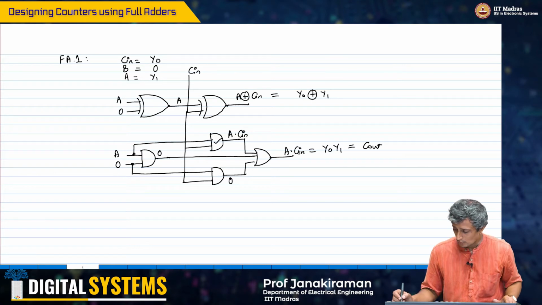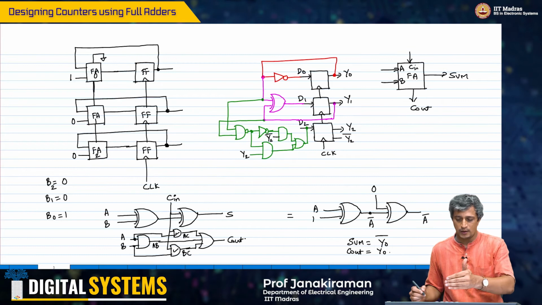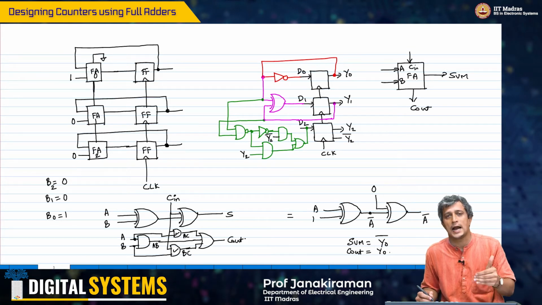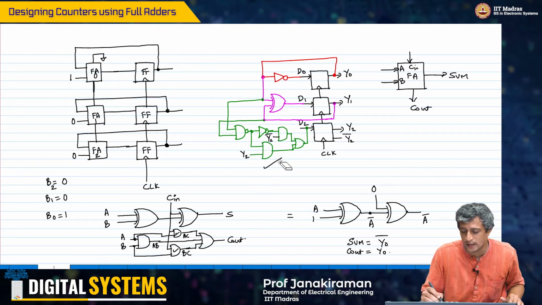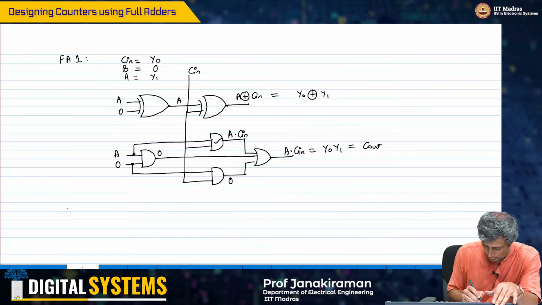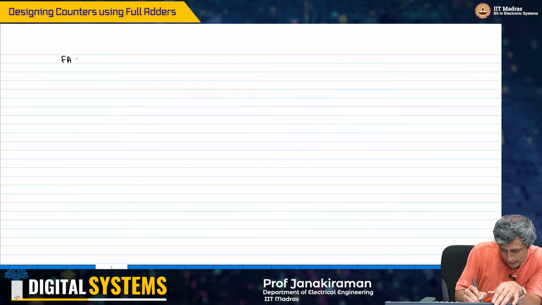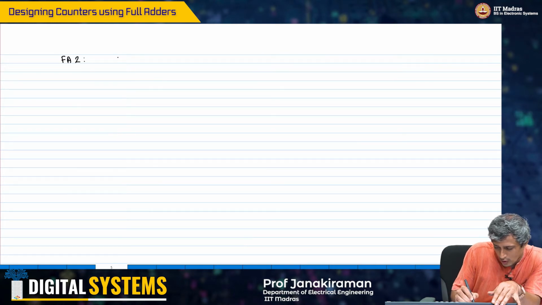Okay. So now we have to look at the final full adder and understand why we have this complicated diagram here. So for full adder 2, A equals Y2.